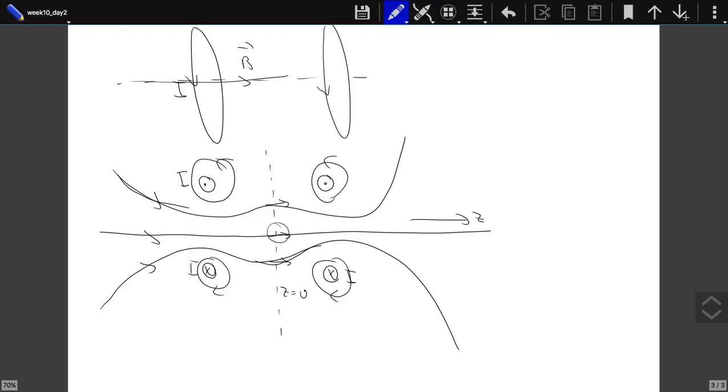How does it change with z close to z equal to 0? That's what we would like to see. And we will try to find some range of parameters. Let's say this is the radius r, and they are separated by a distance d. So for what values of r and d is that region over there almost uniform? That is what we will be trying to calculate.